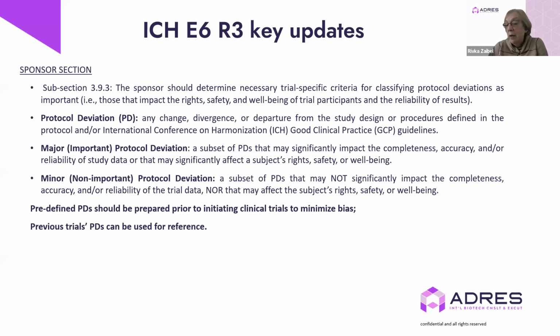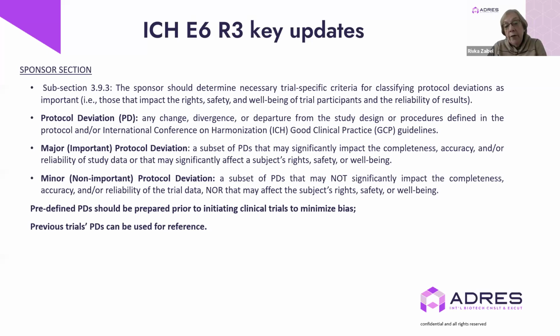And what comes immediately to my mind are protocol deviations like having a clinical intervention prior to signing the informed consent form. The additional one which is considered major or important is overdosing of the product in the clinical trial.